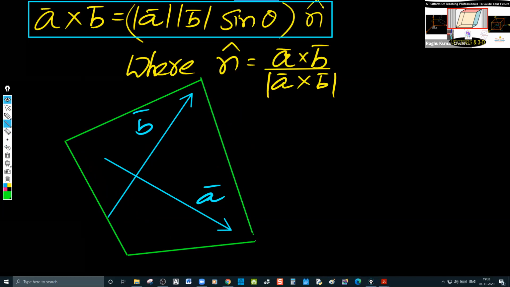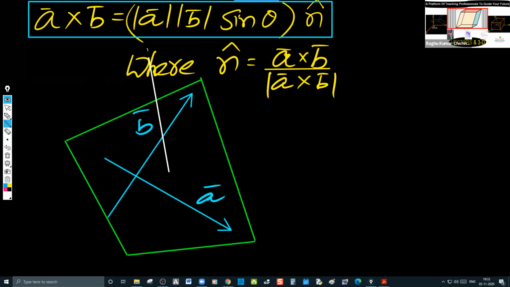Then I want to show you the direction of the vector which is perpendicular to both A bar and B bar. That means it will be in the direction which is perpendicular to the plane containing A bar and B bar.